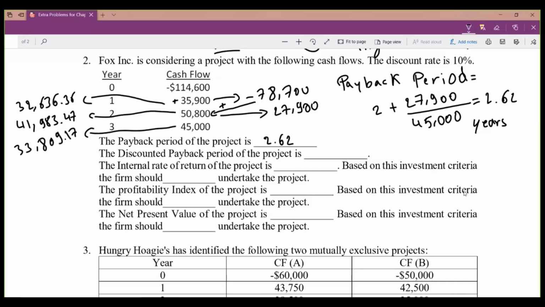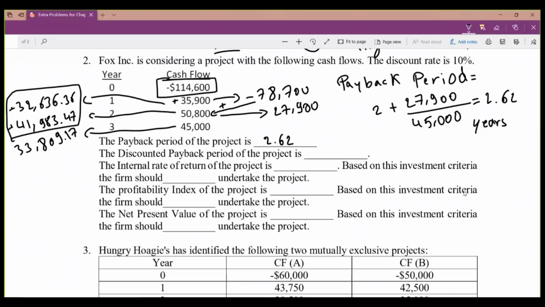Now I do the same thing as I did with the payback period. Here directly, because always the discounted payback period is greater than the payback period, so already I know that I need more than 2 years. So I will have minus 114,600 plus this 32,000 plus this 41,000. So up till year 2, I will be able to recover the sum of those two amounts.